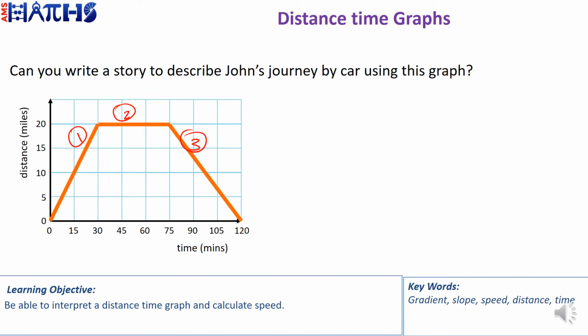The first slope that we have, the distance is 0, so he's at a starting point, not moving. Then we have our slope going up to 20 miles, and that slope is a straight line, which tells us it's a constant speed. In order to get to 20 miles, he would have done that over 30 minutes.